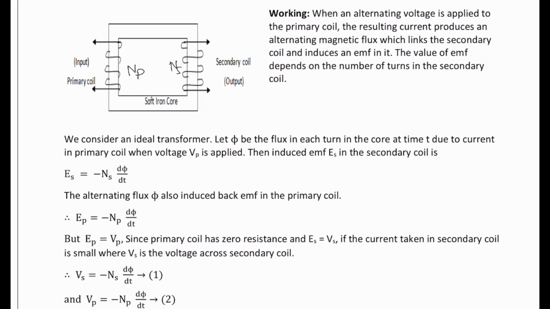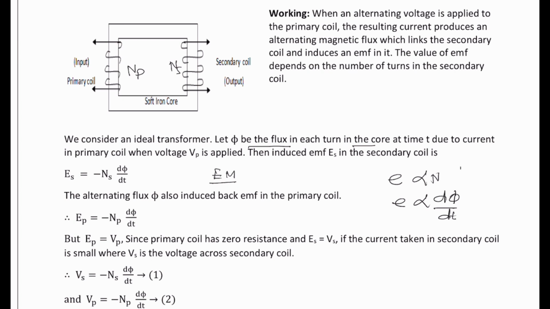If phi is the flux of each turn, then the EMF across the secondary is equal to the number of turns in the secondary times d phi by dt. This is Faraday's law of electromagnetic induction. The EMF induced is proportional to the number of turns, and proportional to the rate of change of flux.